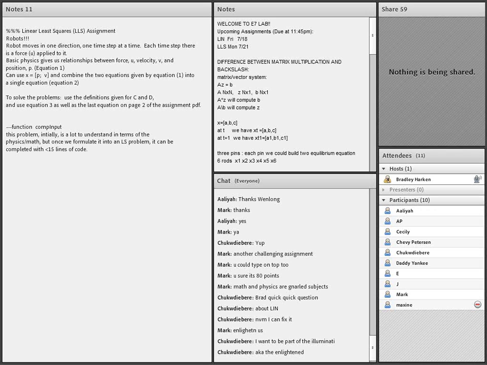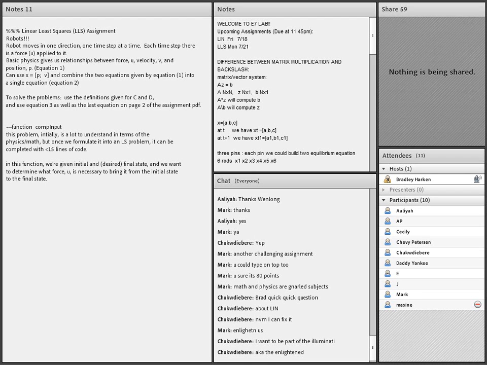So what we're doing in this function is we're given the initial and desired final state of the robot. So we know the location and the velocity at the beginning. We know the mass of the robot. We know how many time steps there are, as well as the length of each time step.